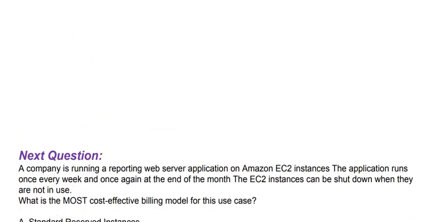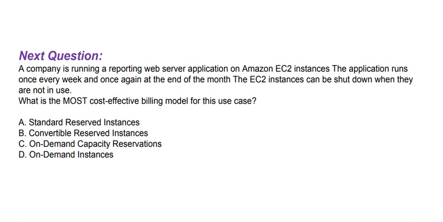Moving to next question. A company is running a reporting web server application on Amazon EC2 instances. The application runs once every week and once again at the end of the month. The EC2 instances can be shut down when they are not in use. What is the most cost-effective billing model for this use case?